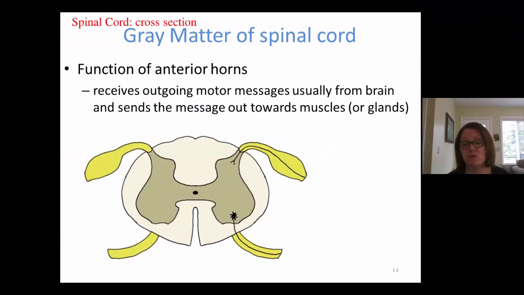What happens in order to send out this command is information will come down from the brain, and when it comes down from the brain, it will travel through white matter. But eventually that information will leave the white matter and come over to the anterior horn and send the message to this motor neuron cell body that we see here in the anterior horn, and then that motor neuron will send the signal on to the muscle or the gland.